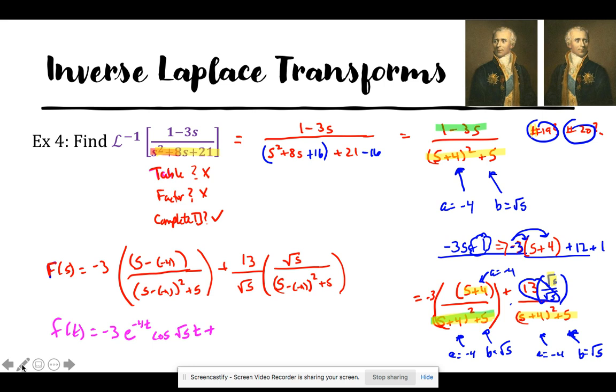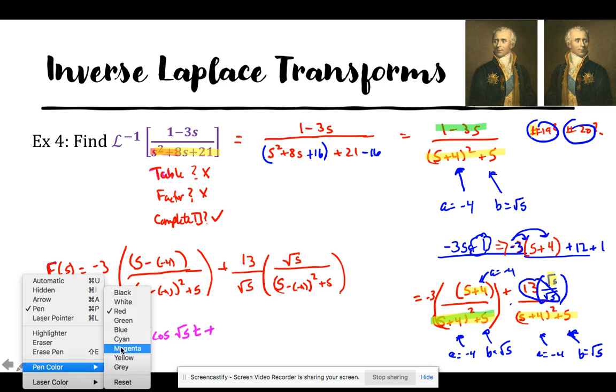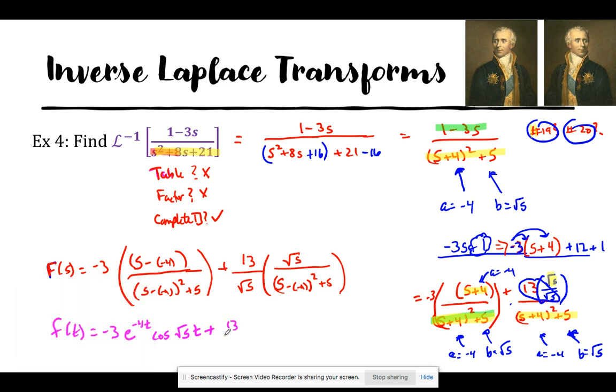So who is that? 13 over √5 e to the -4t, because a is -4, but not cosine this time, sine of bt.